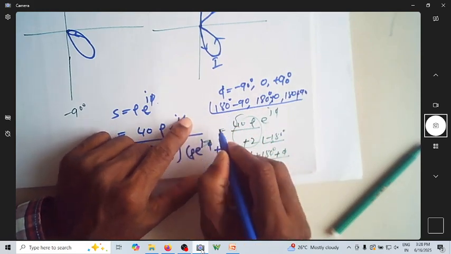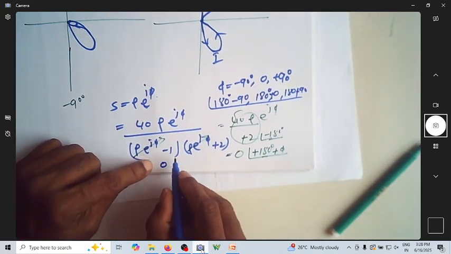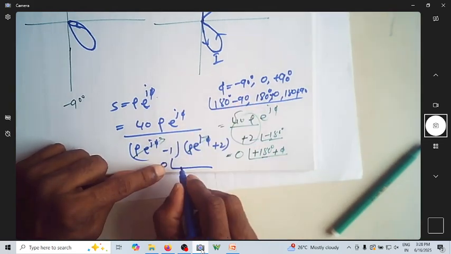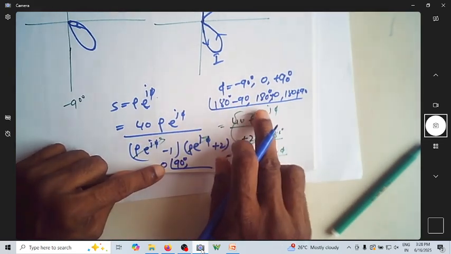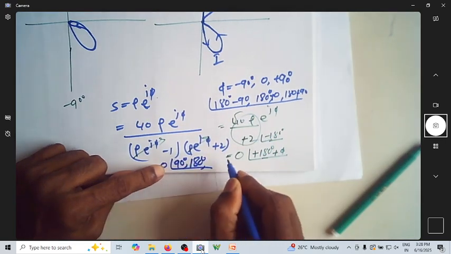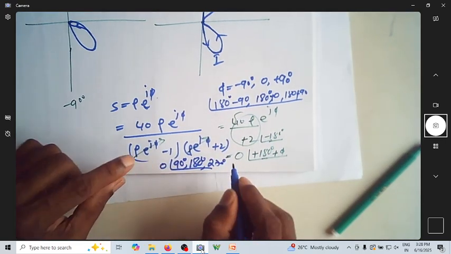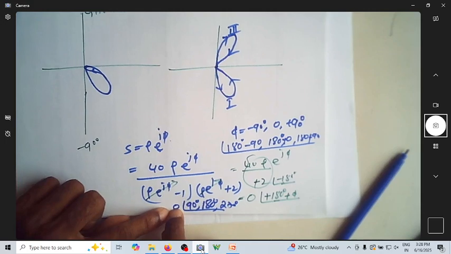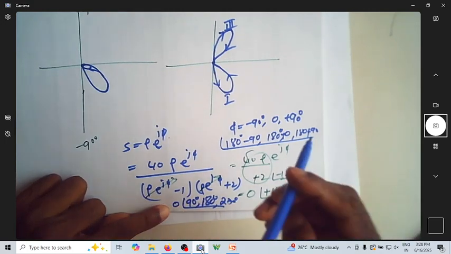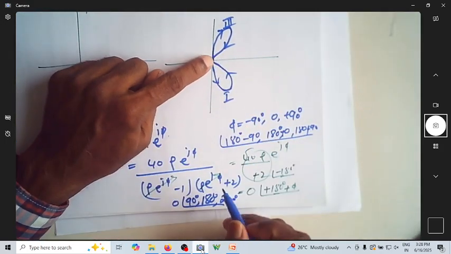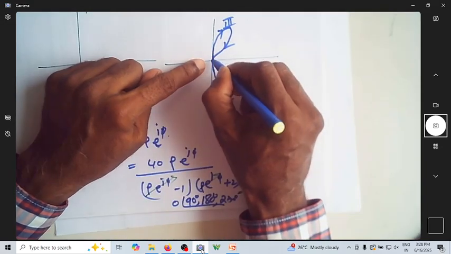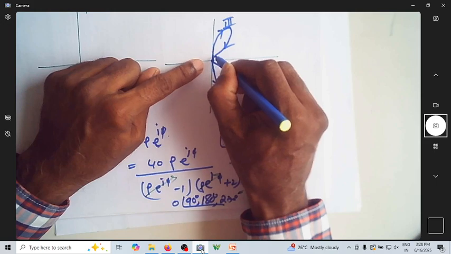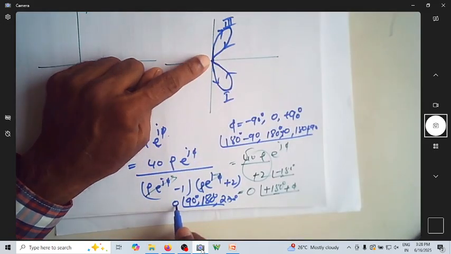So can you see now this is 0 at an angle. So this is 90 degree, 180 degree and 270 degree. If you see all these things, can you see the magnitude is 0? You are actually here, so you came there to plus 90 degree, and the magnitude is 0.